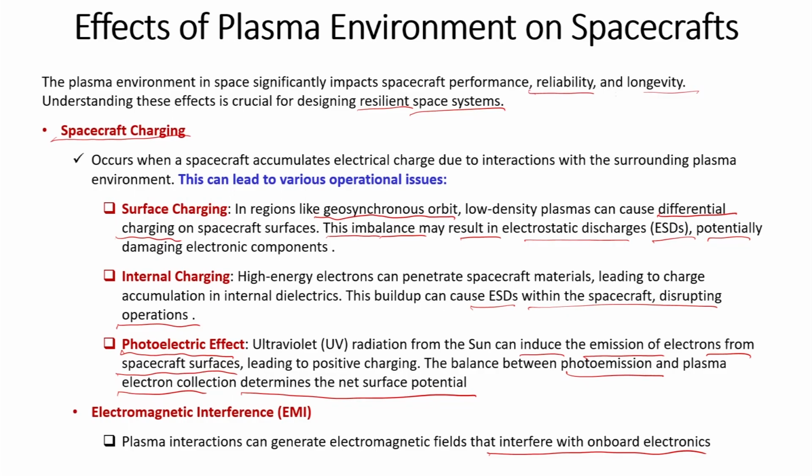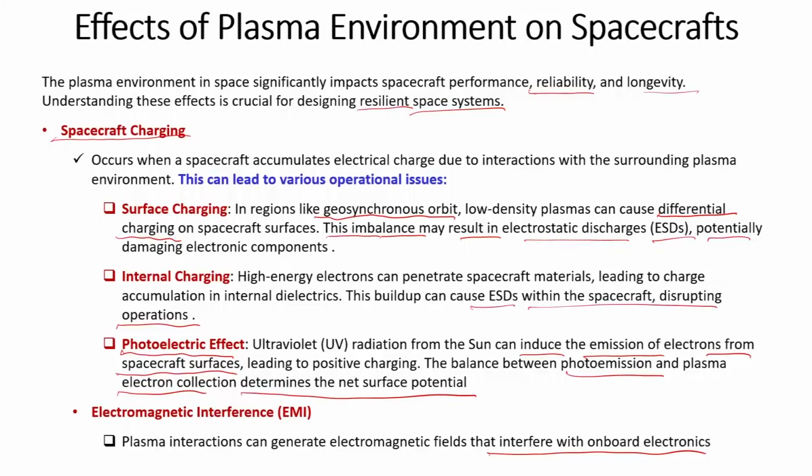It can affect the communication system or sensitive systems, where interference should be below some level. Because of plasma interaction, EMI can go beyond the specified limit, and then it may damage the onboard electronics or disrupt the communication.